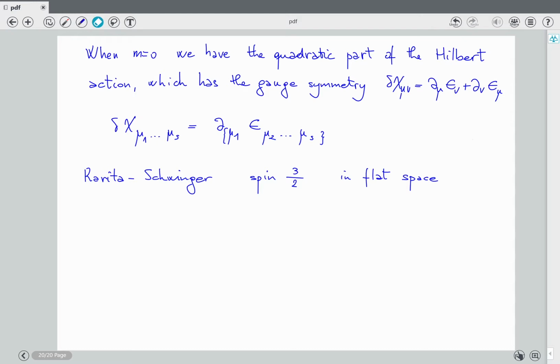We will not use spins or fields with spin equal to 3/2 in this course, but we will see that for quantum gravity the Pauli fields action is important.